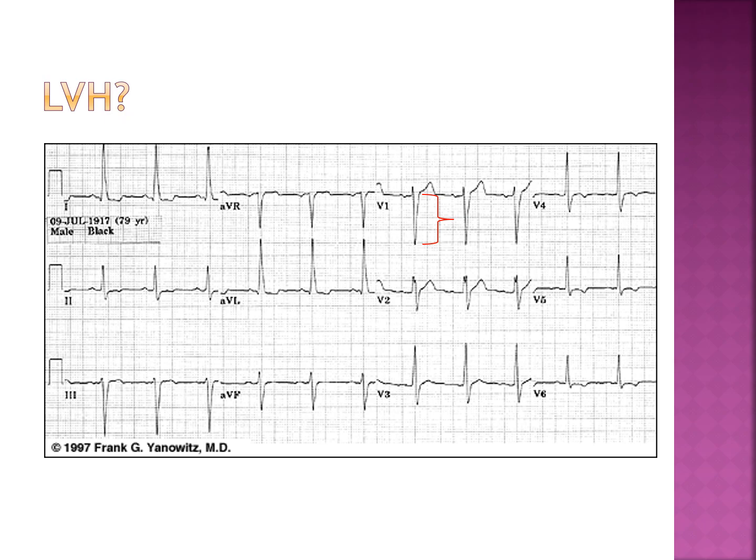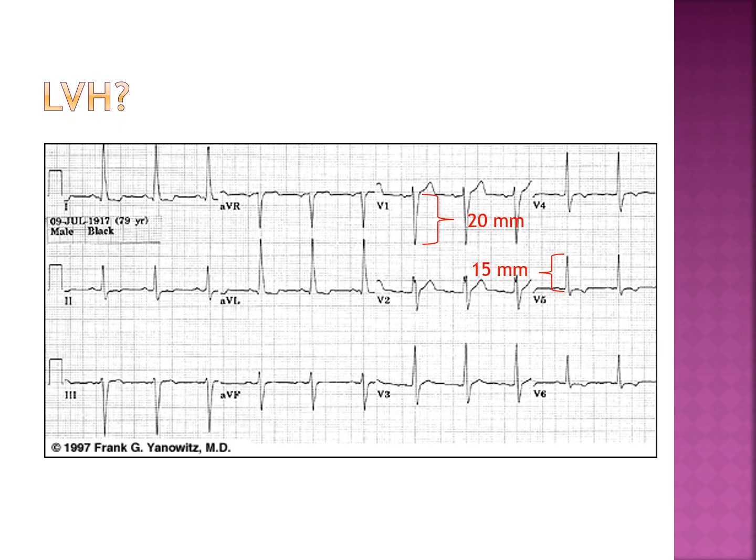Then we look at the R wave in V5 or V6. Generally, V5 is bigger. Again, if we count that, it comes out to be about 17 boxes. So V1 is about 20 millimeters. In V5, it's approximately 15 millimeters, so that equals 35.